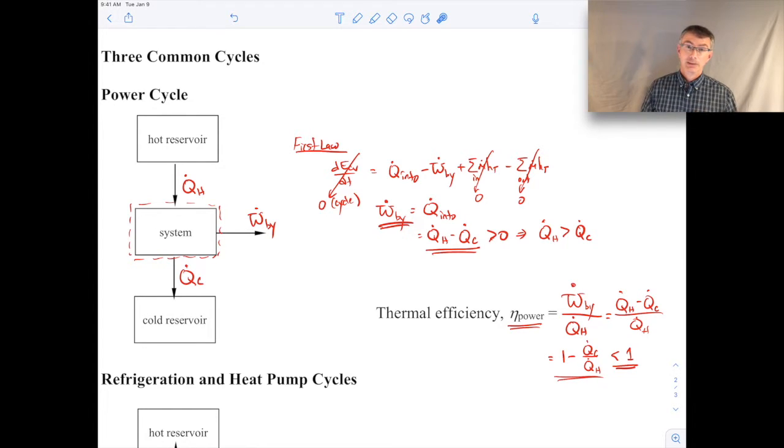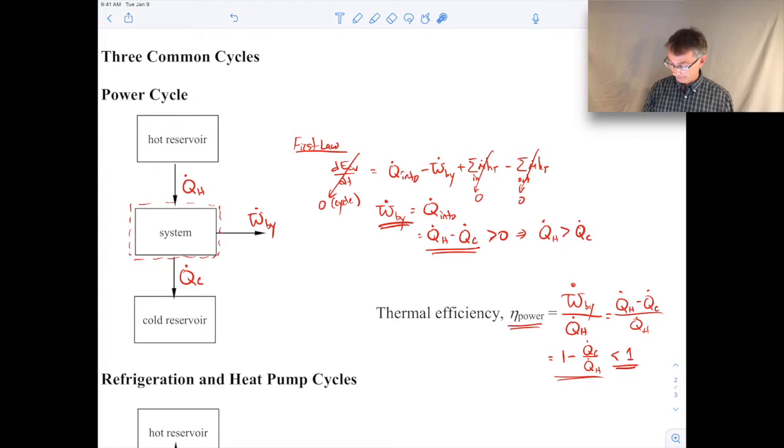Now, when we talk about the second law of thermodynamics, what you'll find is that Q dot C cannot be 0. It always has to be some positive value. So you can't have the Q dot C equal to 0 and have a thermal efficiency of 1, so that's not possible. We'll show from the second law that the thermal efficiency always has to be less than 1. It can never be 100%.